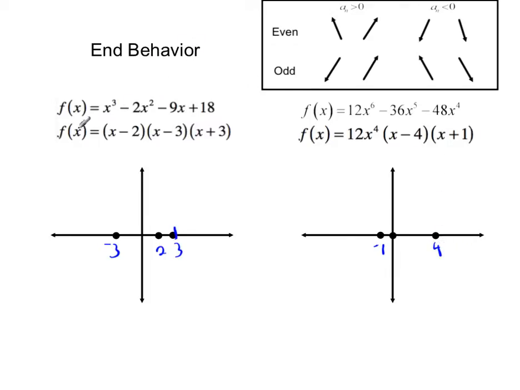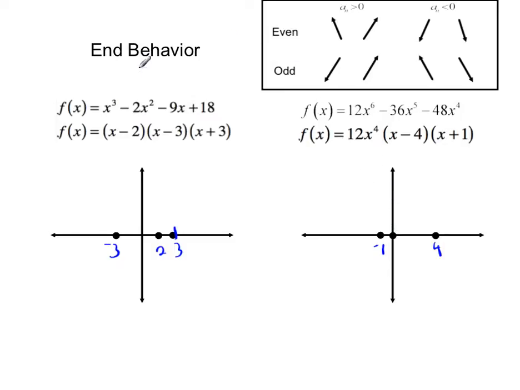Now, first of all, let's talk about multiplicities. All my multiplicities here are odd, so I know that my graph is going to pass through at each of those zeros. Over here, the multiplicity on the 0 is even, so I know I'm going to bounce right there.